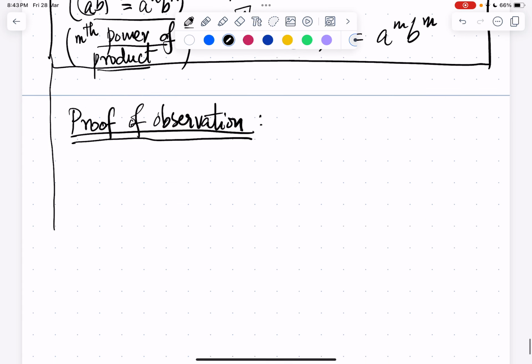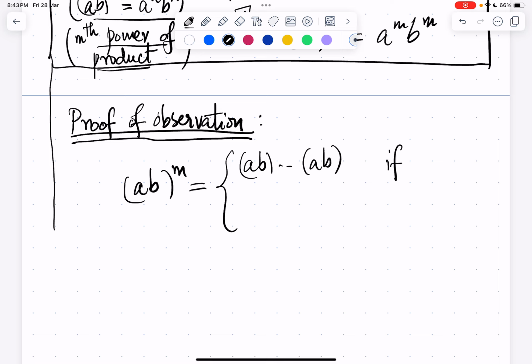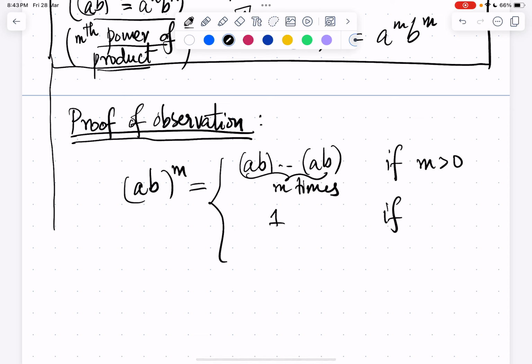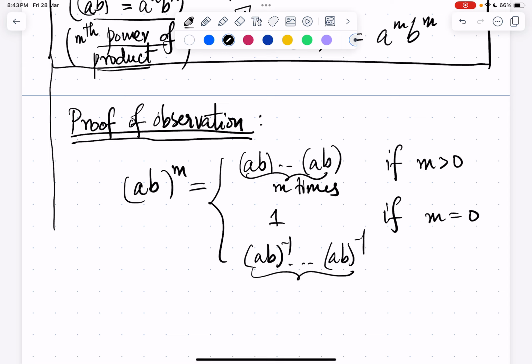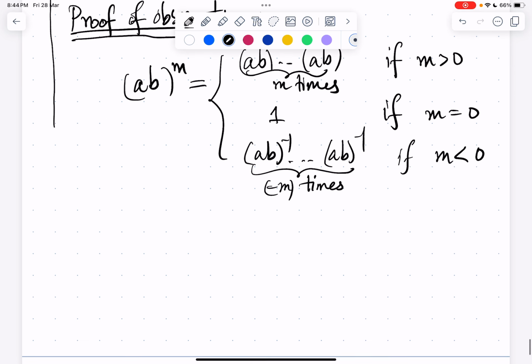It's just casework. So (ab)^m is ab taken m times if m is positive. So then we can write ab, m times. This is 1 if m is equal to 0, and (ab) inverse taken minus m times if m is less than 0, right?